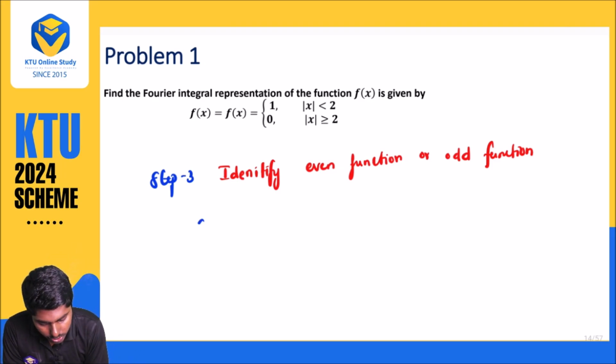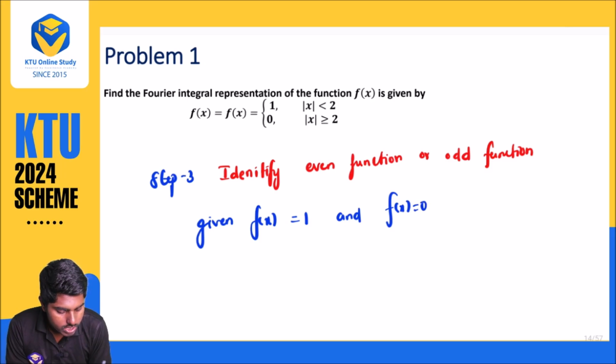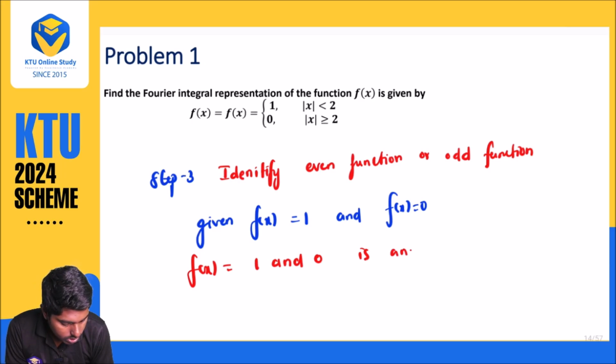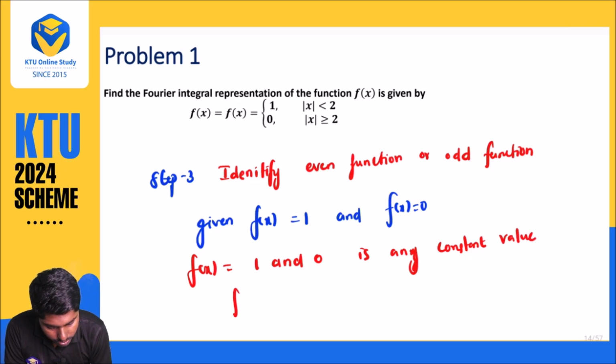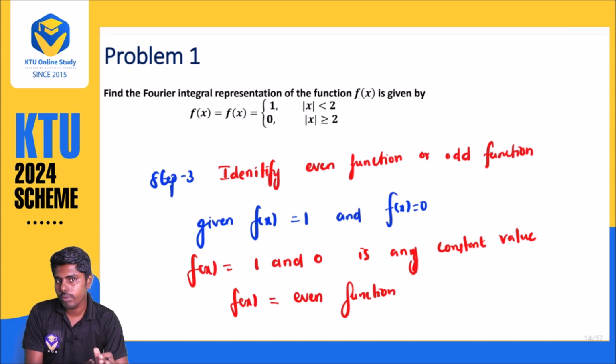So what is given? f of x is equal to 1, and f of x is equal to 0. This is nothing but a constant value. Constant value means f of x is an even function. So we have written the even function.